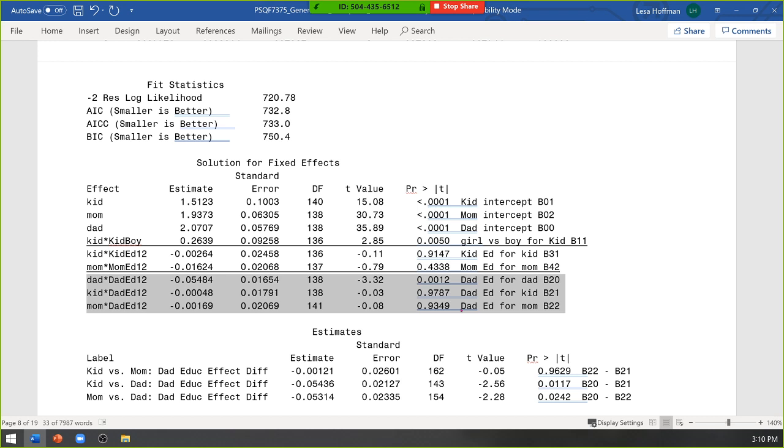Lo and behold, we didn't consider mom's attitudes. Mom's attitudes matter. So I'm just going to leave that dangling, right? We're going to revisit this example in a couple of weeks when we get to path models. But I did not know until I fit this as a path model that I was missing something.